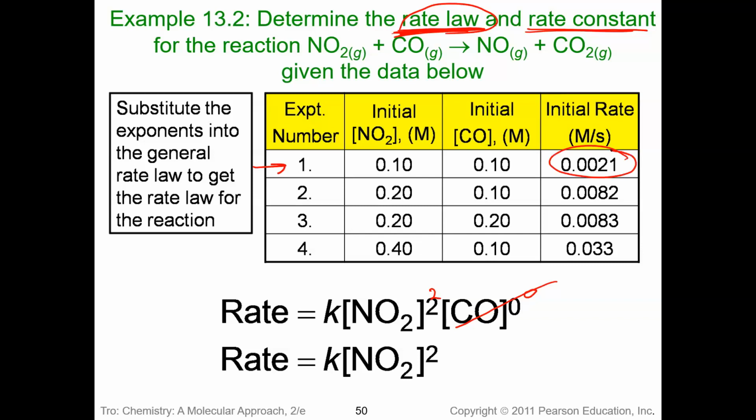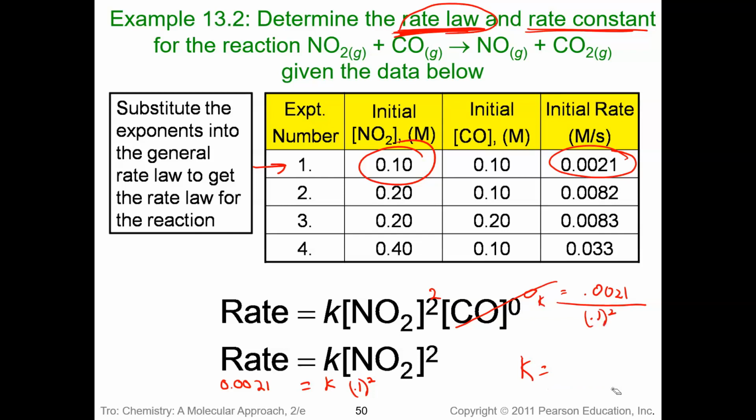So you use your rate, which is 0.0021 equals K, and we plug in our NO2, 0.1 squared, and then we just solve for K. So you end up dividing by 0.1 squared: K equals 0.0021 over 0.1 squared.